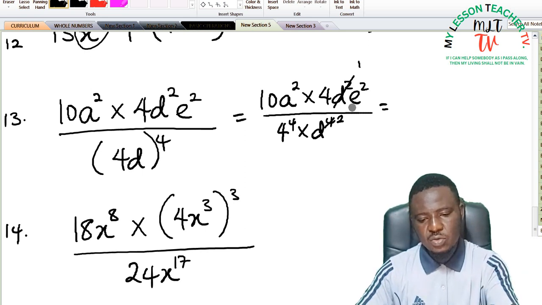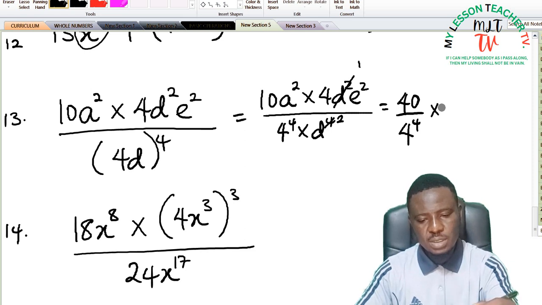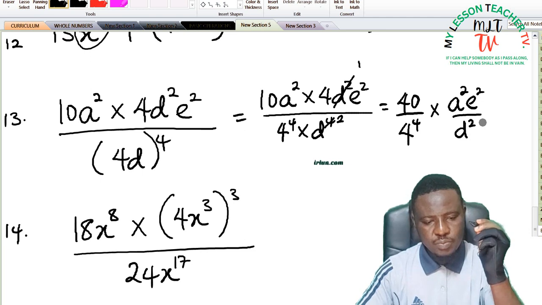I can simplify this to be 10 times 4 is said to be 40 divided by 4 to power 4 times a squared e squared, all divided by d squared.